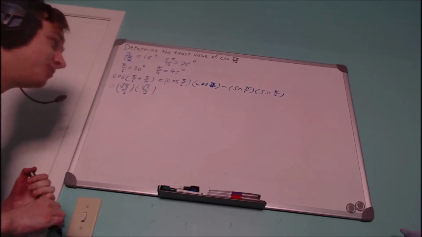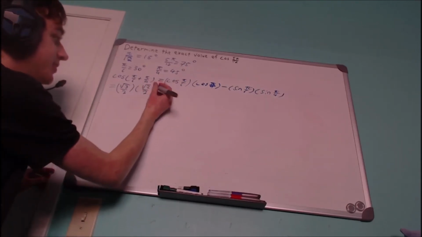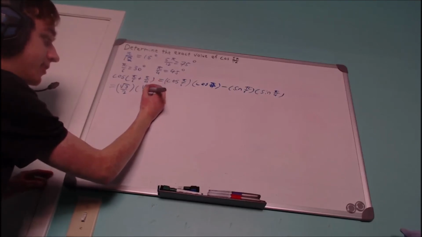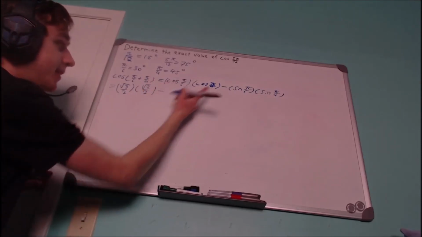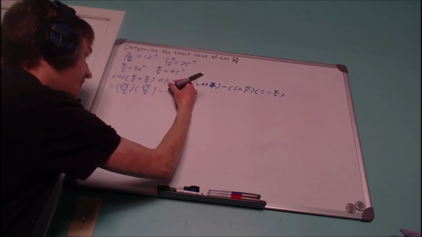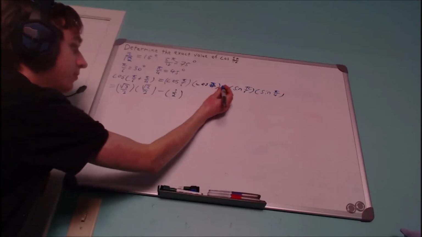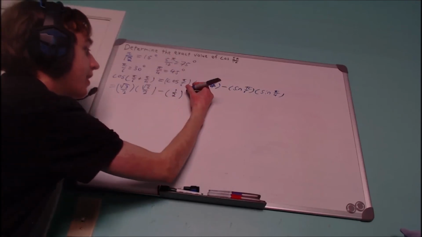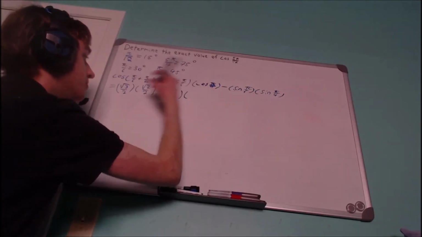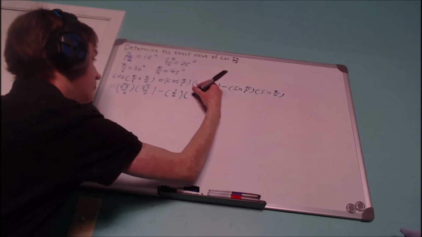It's the same number, this way is just so the radical isn't on the bottom. And then it's minus sine pi over 6, which is 30 degrees again, but this is a half, halfway up that section of the circle. And then sine pi over 4, which is again root 2 over 2.